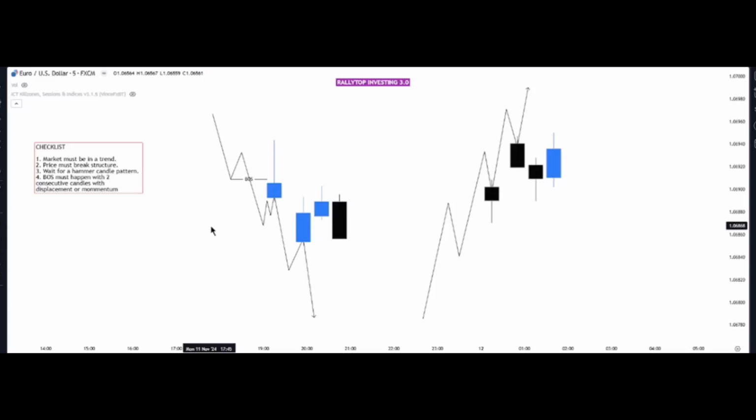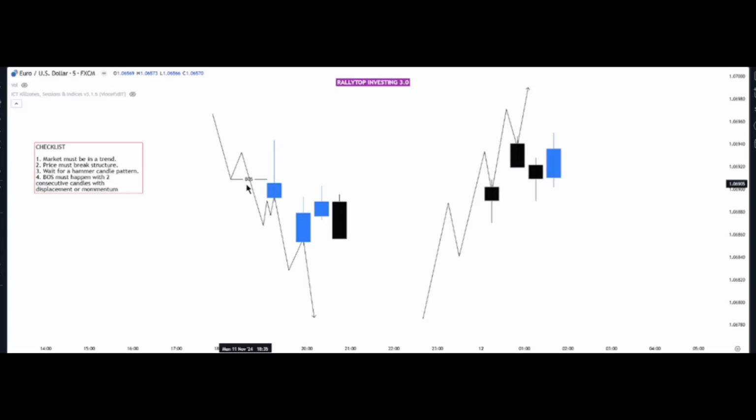Now, number three, the candles that must break this structure must be two consecutive candles. Two consecutive candles with displacement or momentum.